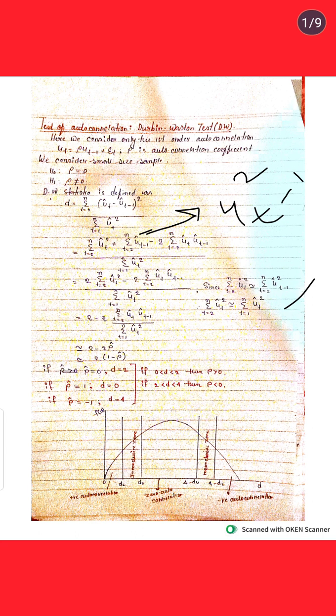So the expected value of the sum from t equal to 2 to N of u_t hat square is an approximation of the sum from t equal to 1 to N of u_t hat square.